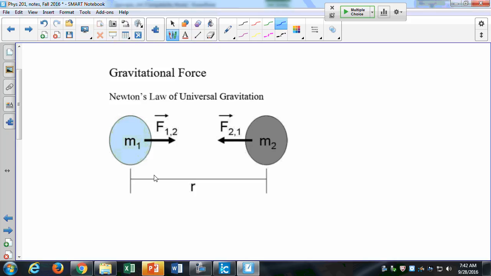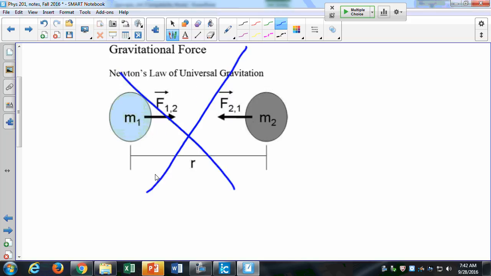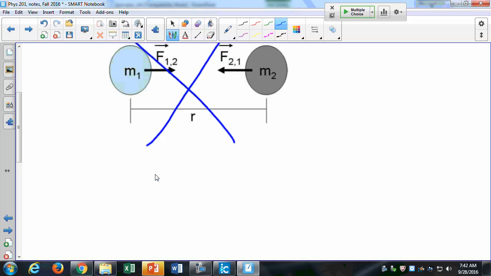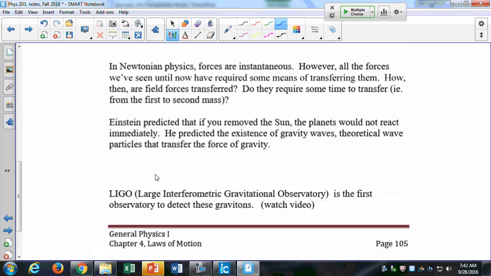We are going to skip this section because we're going to come back to it later, I think even next semester, when we're talking about fields. I intended to take it out, but we're just going to skip the gravitational force in terms of Newton's universal law of gravitation, because we'll come back to this in much greater detail as we learn more about fields in the second semester. So I'm sorry to even have it here.